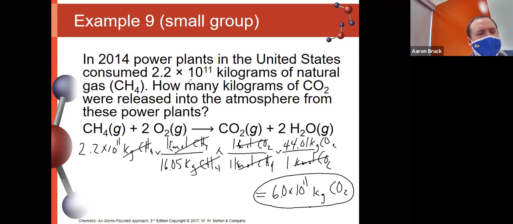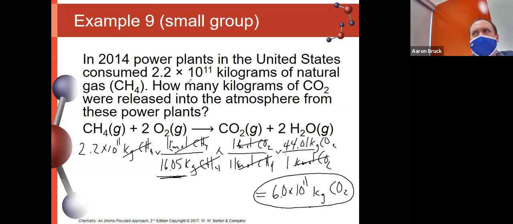Again, where you ended up kind of depended on a couple of factors. First and foremost, you had to be able to get the correct molar mass of methane, which would have been right around 16, because you have a carbon, which is 12, and 4 hydrogens at 1 each. So 12 plus 4 is 16.